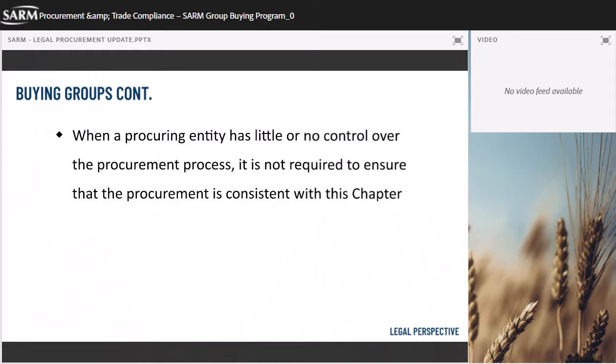So we always say it's important to do your own due diligence, be comfortable with the processes and the legislation and your group processes, and hopefully today's presentation will help support SARM's operations and your ability to use SARM as a buying group.